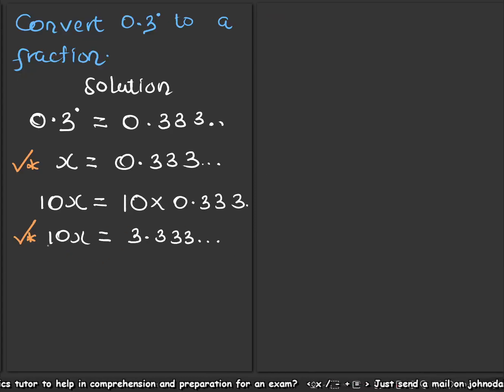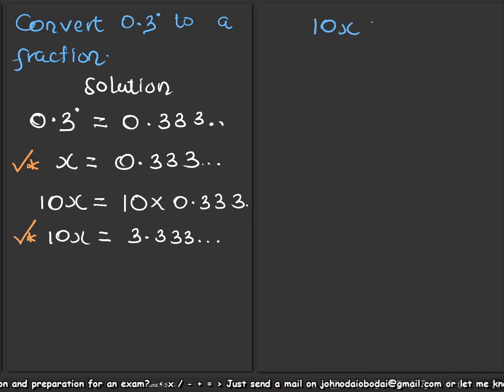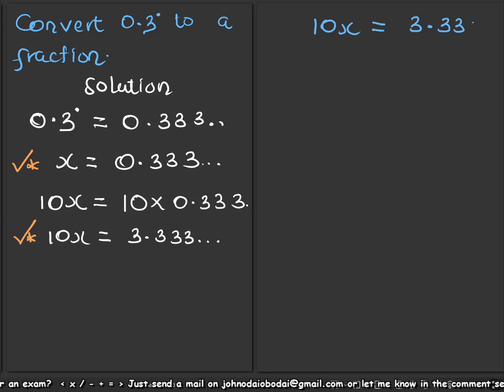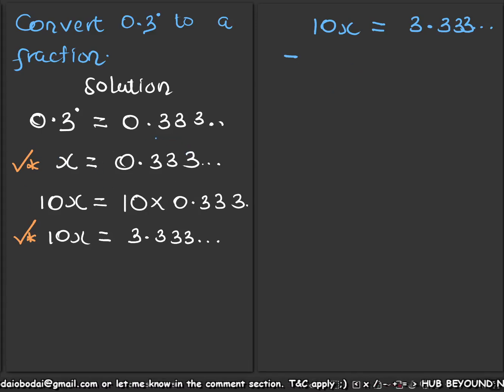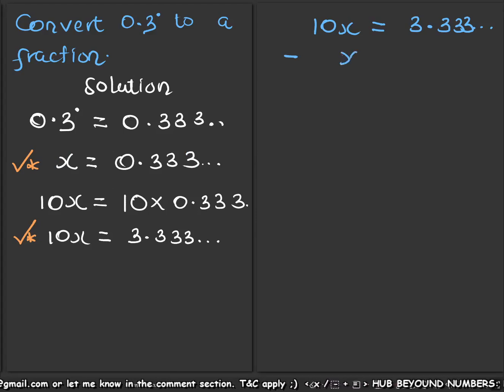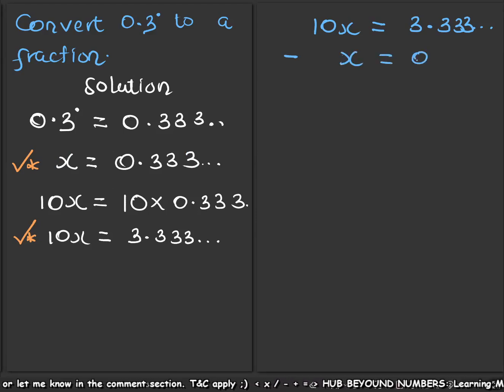After you multiplied, the equation you have is 10x equals 3.333. You then subtract the first one, where x is equal to 0.333.